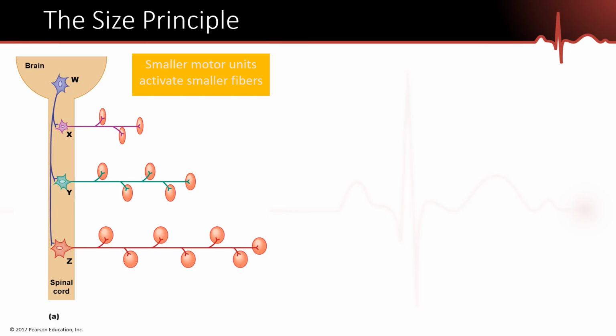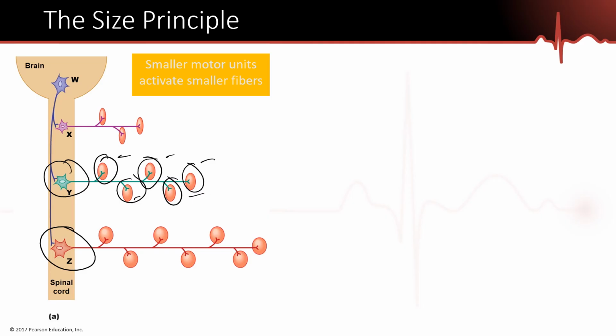So when you recruit larger alpha motor neurons, usually initially you don't recruit them to fire at a high enough frequency to put the muscle fibers that they innervate, that they synapse with, into a state of tetanus. Okay, they produce submaximal force, these larger muscle fibers that are innervated by the larger alpha motor neurons.